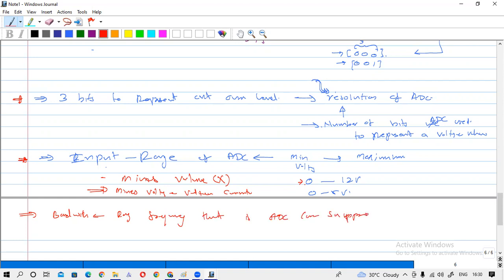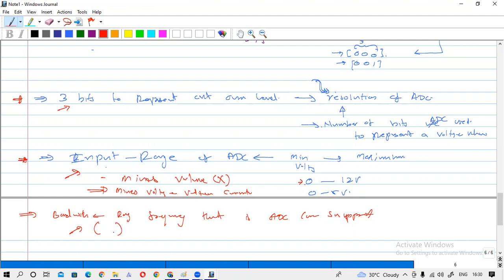So these 3 bits: the resolution is the number of bits to represent a voltage value; the input range is the maximum and minimum voltage values that can be encoded by an ADC; and bandwidth is the frequency range. This depends on the maximum frequency that can be sampled by the ADC.